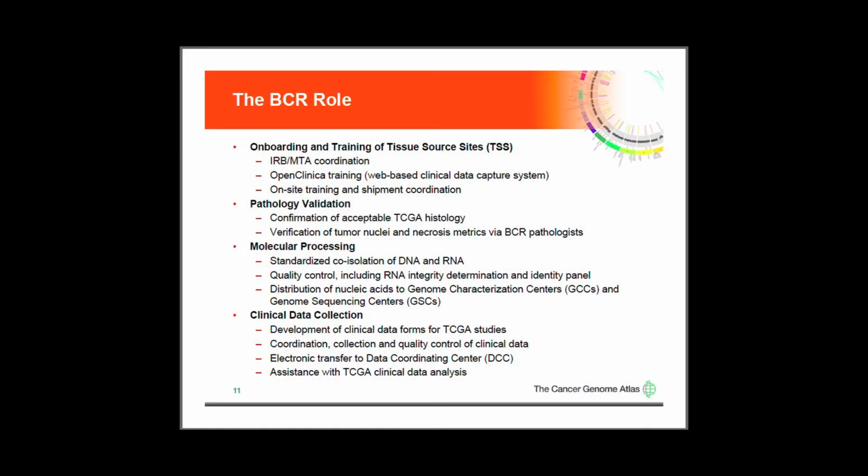Once we get the DNA and RNA, it goes through rigorous quality control. We have to make sure the RNA is of very high integrity. We also do an identity panel, to double check that the tumor and the normal are from the same patient. About 1 or 2% of the time, that's not the case, and then we have to resolve it.